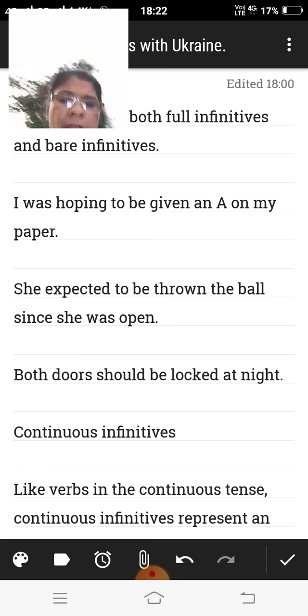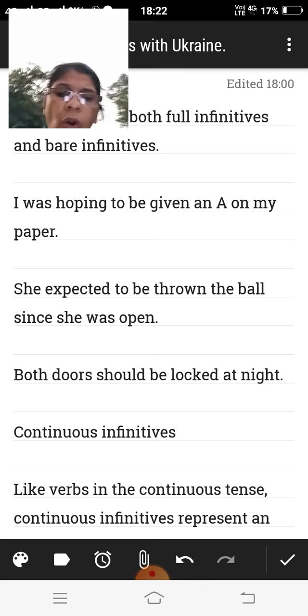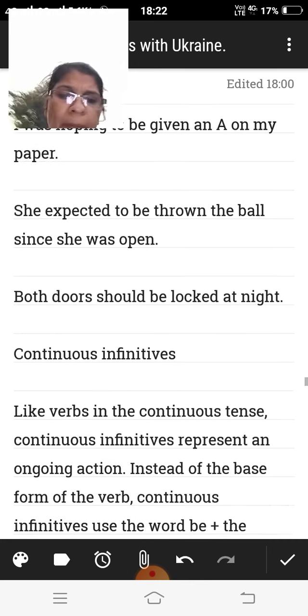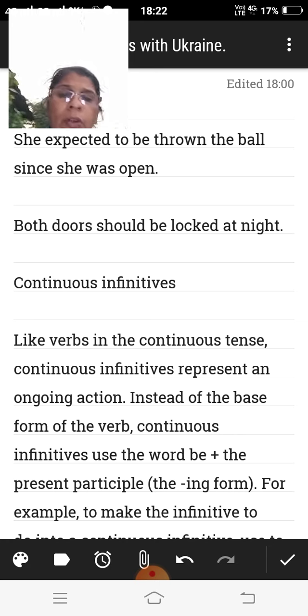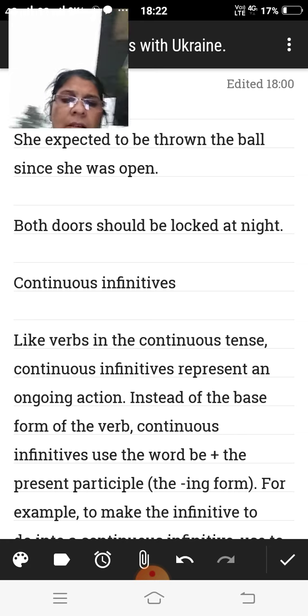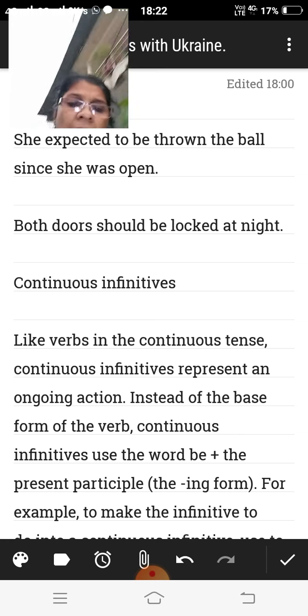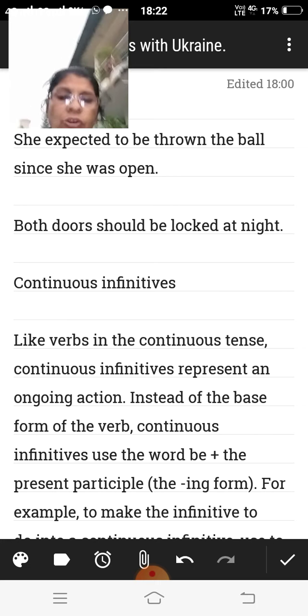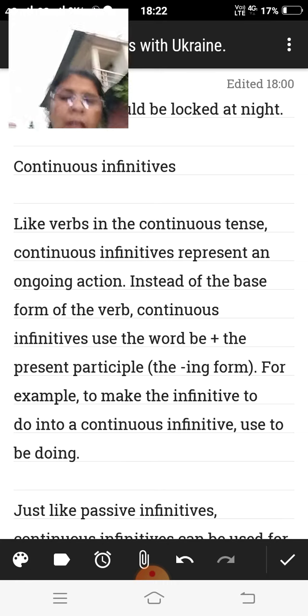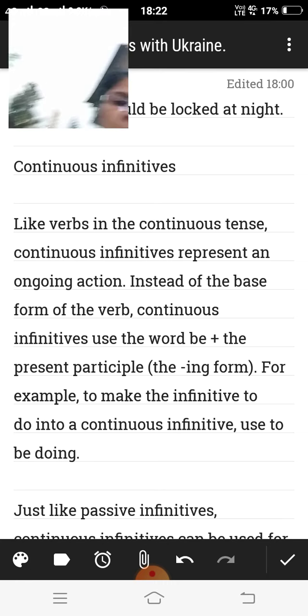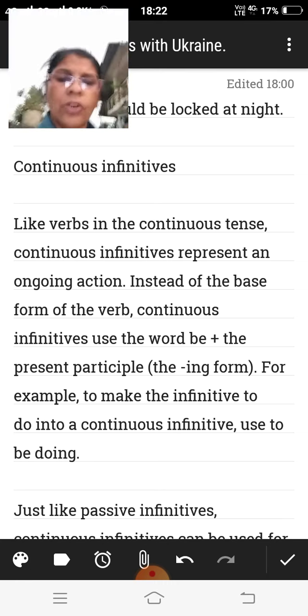Like verbs in the continuous tense, continuous infinitives represent an ongoing action instead of the base form of the verb. Continuous infinitives use the word be plus the present participle, the ing form. For example, to make the infinitive to do into a continuous infinitive, use to be doing.